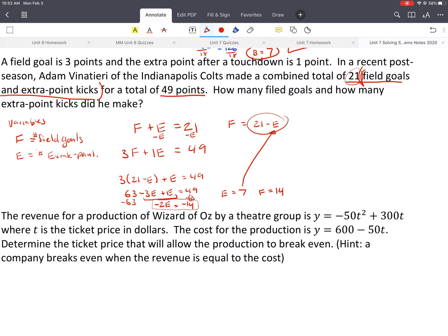So anyways, they just want to know there were 7 extra point kicks, and F, the number of field goals, was 14. And you probably could just write your answer like that, but 14 field goals.